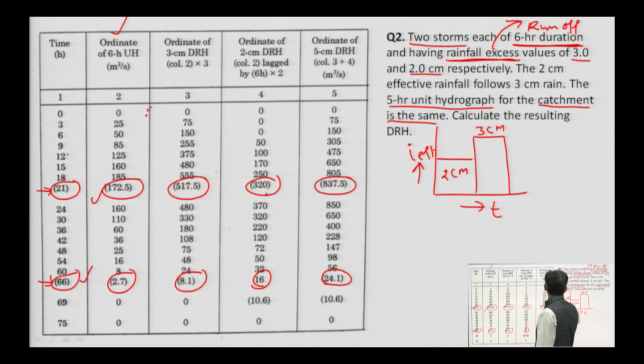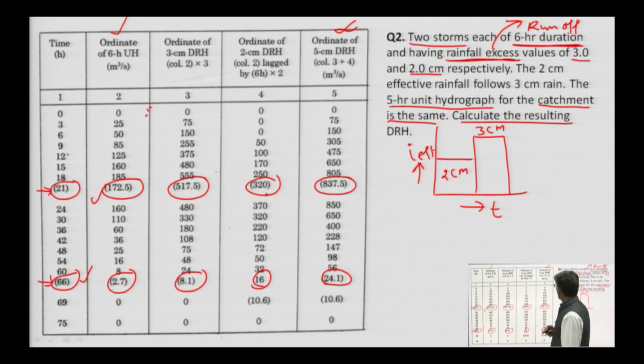So, what do we need to calculate here? Calculate the resulting DRH, 5 centimeter DRH. With that help, if DRH is known to us, then we can also calculate the other values.